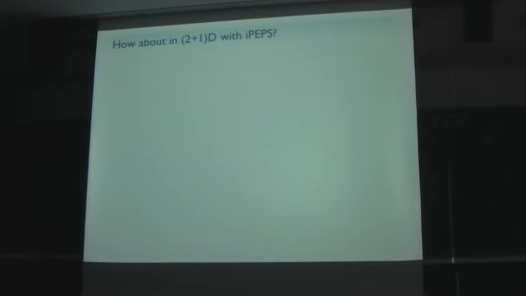But now, how about 2D quantum with iPEPS? A priori, it's not entirely clear that this is going to work out, because unlike MPS, we know that there exist examples of critical states which can be represented with a finite bond dimension.